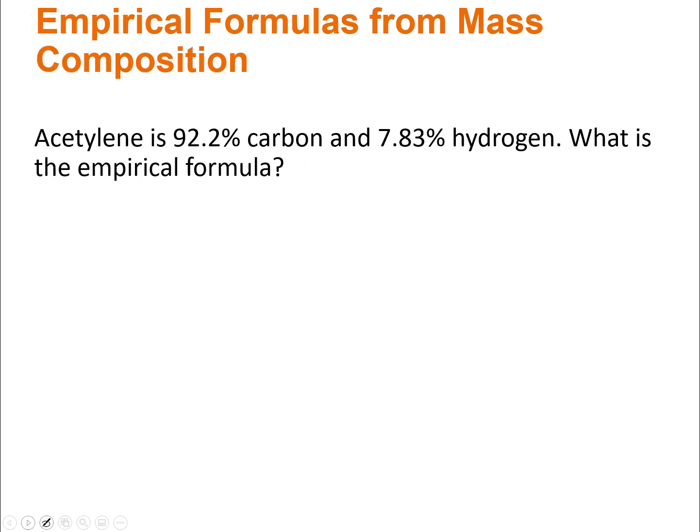There's another way that we can do empirical formulas. Instead of getting the number of grams of a product in a reactant, we can be told the mass percent or the percent composition of a compound, and then asked, what is the empirical formula? Looks like we don't have enough information, but we do. Percentages have to add up to 100%.